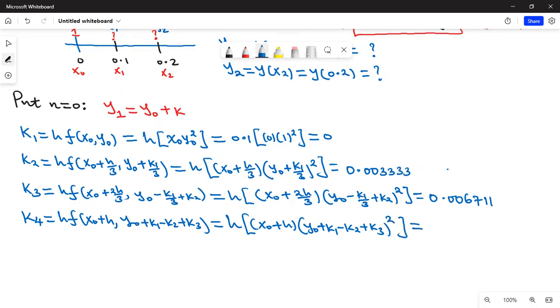Substitute the values of x naught, y naught, h, k1, k2, and k3, and press in your calculator. That should give you the value of k4 to be 0.010068.